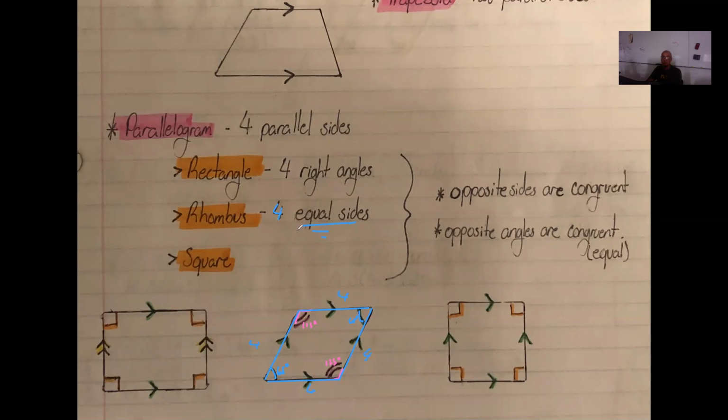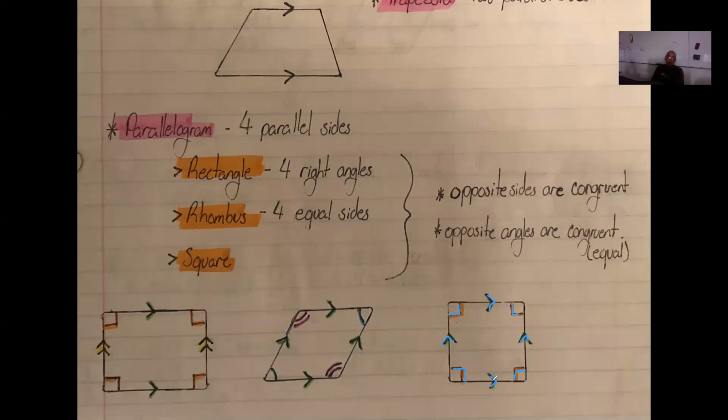So that's what makes a rhombus so special. A rectangle has four right angles. A rhombus has four equal sides, and a square, we put them both together. A square is a parallelogram with four right angles and four equal sides, all of which are parallel to each other. So a square is like putting a rhombus and a rectangle together.